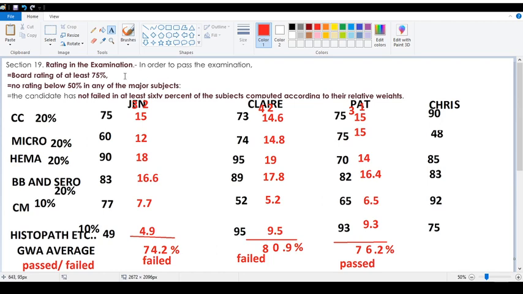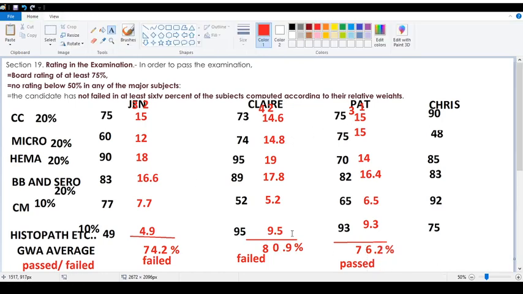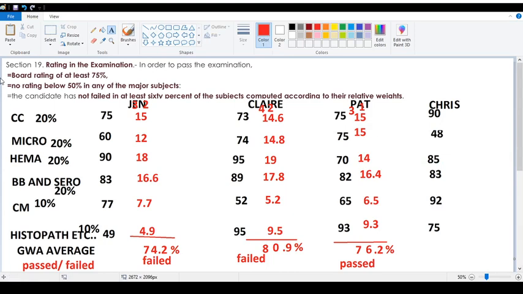So he met all 3 criteria. That's why he passed the board examination. But if I ask you why he failed or passed the board exam, you have to explain it. Hindi yung lalagay mo na because he met all of the criteria to pass the board exam. You have to state that he passed all 3 criteria, which are the three criteria above.